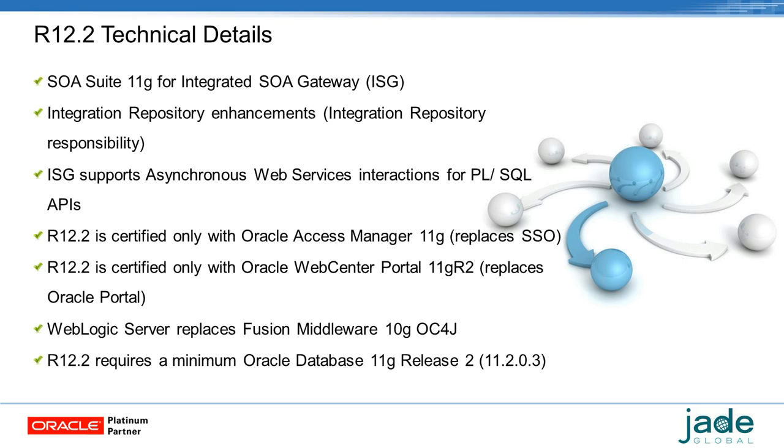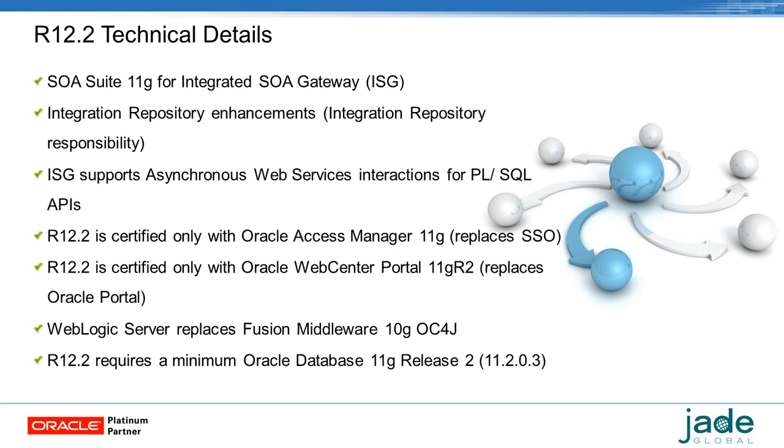With the upgrade to SOA Suite 11g, the Integrated SOA Gateway supports asynchronous web services for PL/SQL APIs. What does this mean? In general, when you are using SOA web services, it is mostly end to end in one go: once you kickstart a service, it flows through till the end.